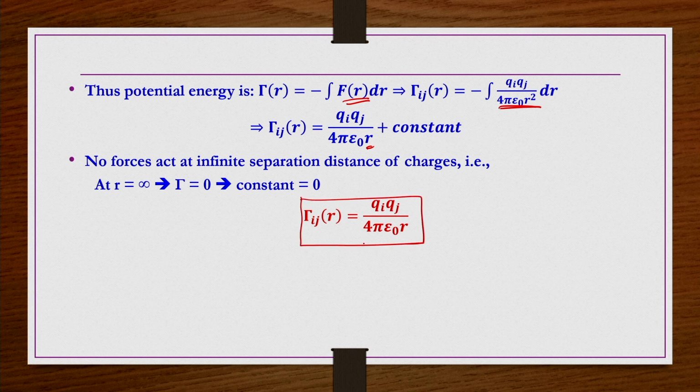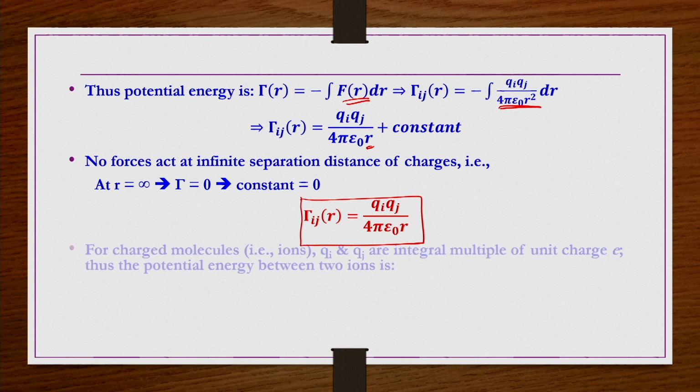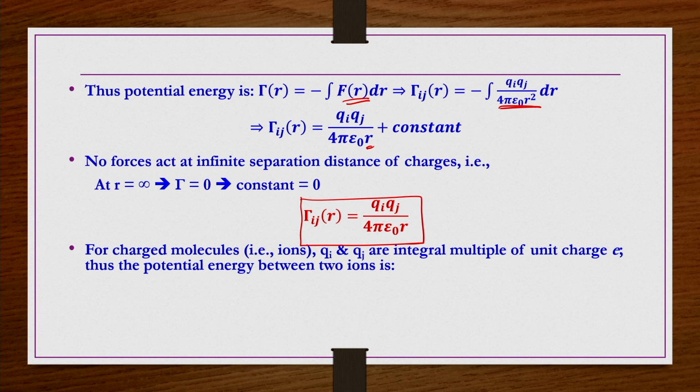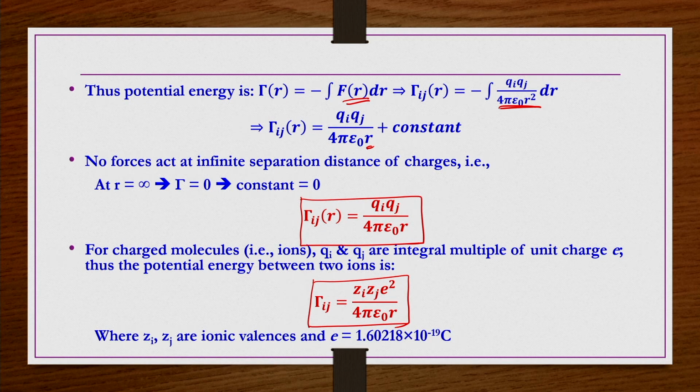That means finally, between 2 point charges, the intermolecular potential gamma ij is nothing but Qi Qj by 4 pi epsilon naught r. For charged molecules, that is for ions, Qi and Qj are integral multiples of unit charge e, and thus potential energy between two ions is gamma ij equals Zi Zj e square by 4 pi epsilon naught r, where Zi Zj are ionic valences, and e is 1.60218 into 10 power minus 19 coulomb.